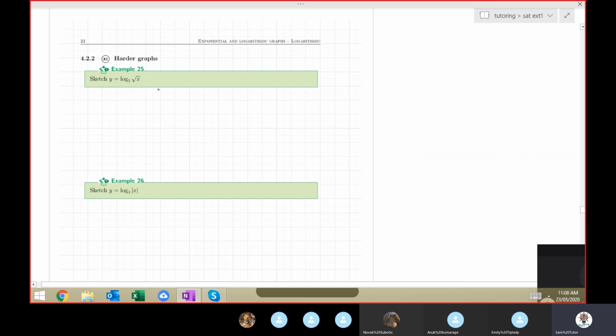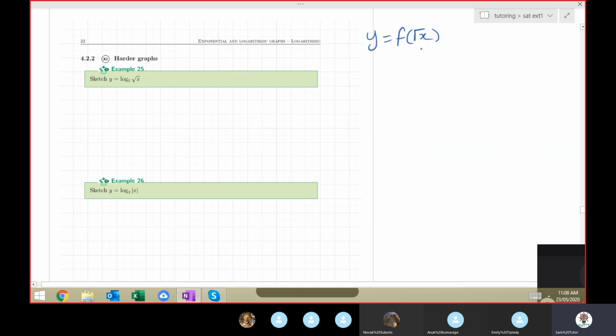Log of root x. That's an interesting one, actually. That's been asked a few times, and it confuses some students. How can I show you this one? Because you guys got to remember, there was no function where we did this, f of root x, right?